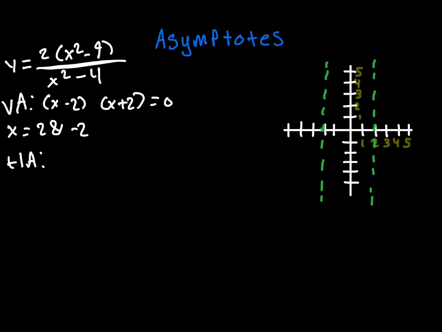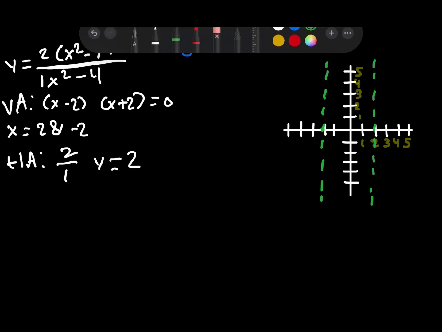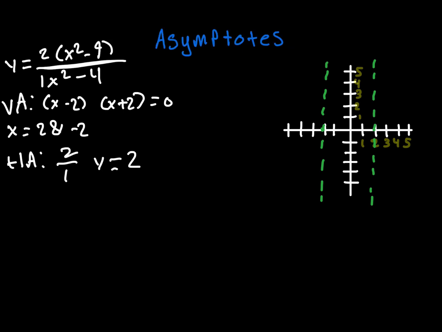And whenever you fall into a situation where both the denominator and the numerator have the same degree of exponents, then you basically divide the first terms. There's a 2 in the numerator and a 1 in the denominator, an imaginary 1. This would simply give us 2 over 1, which would be y equals 2. Now we could draw that at y equals 2.